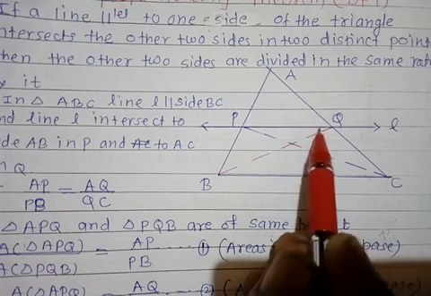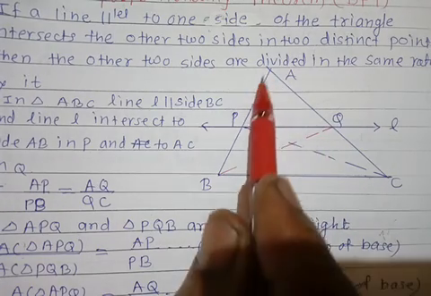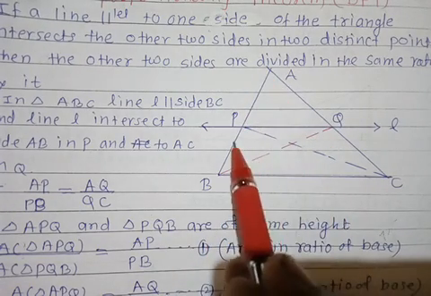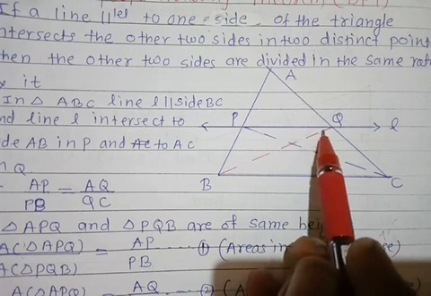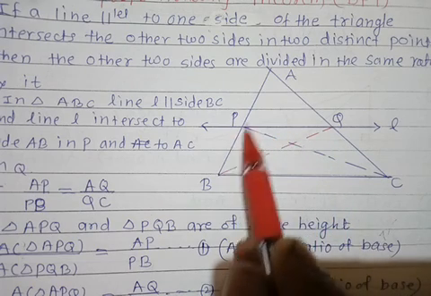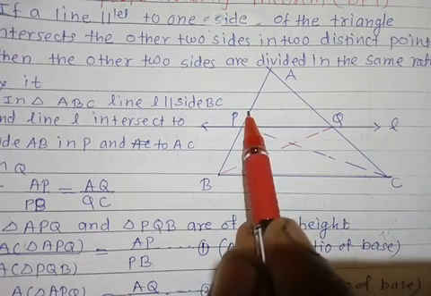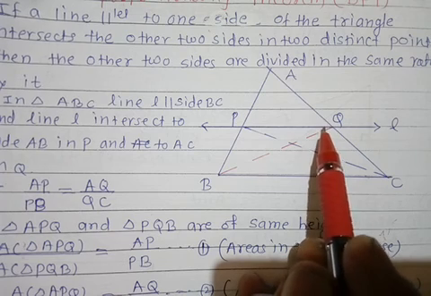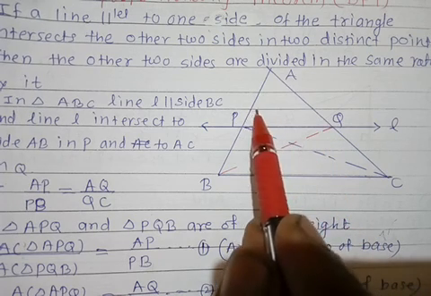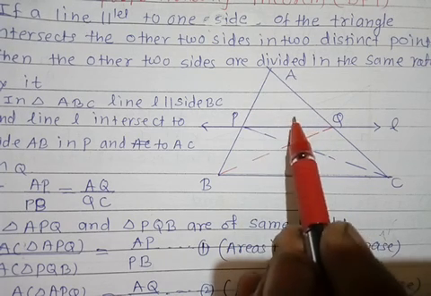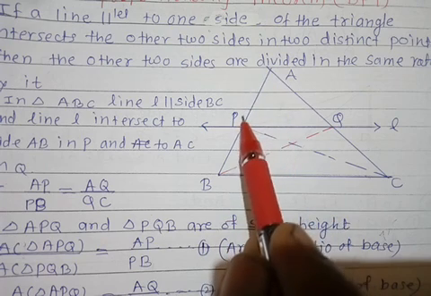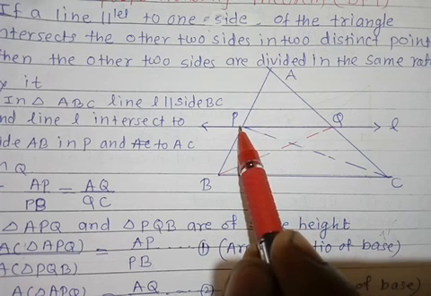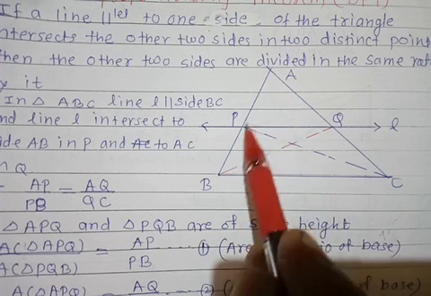So that height is of that triangle and also of the other triangle. Means both triangles have the same height. And you have to know that if the height is the same, then their areas are in the proportion of the corresponding bases. Therefore AP by PB.